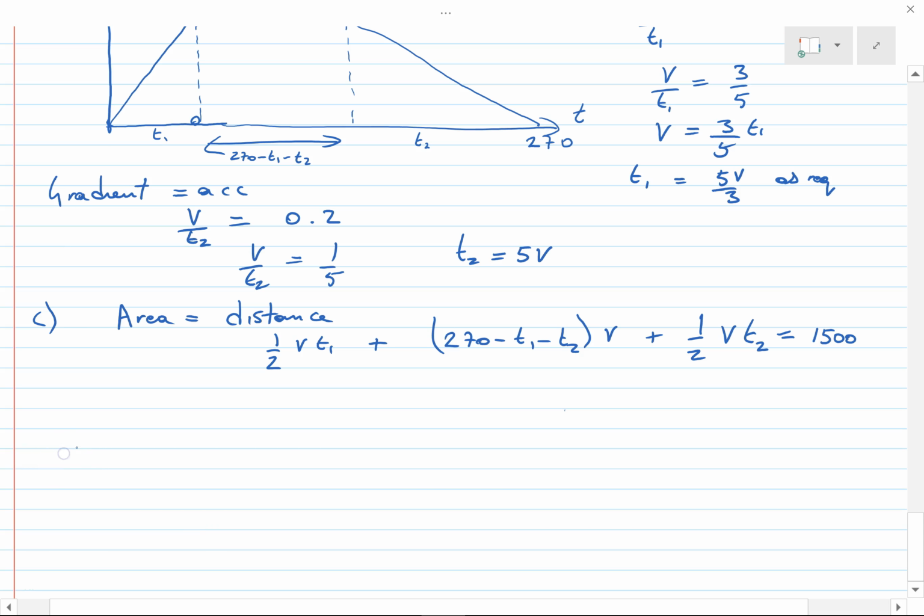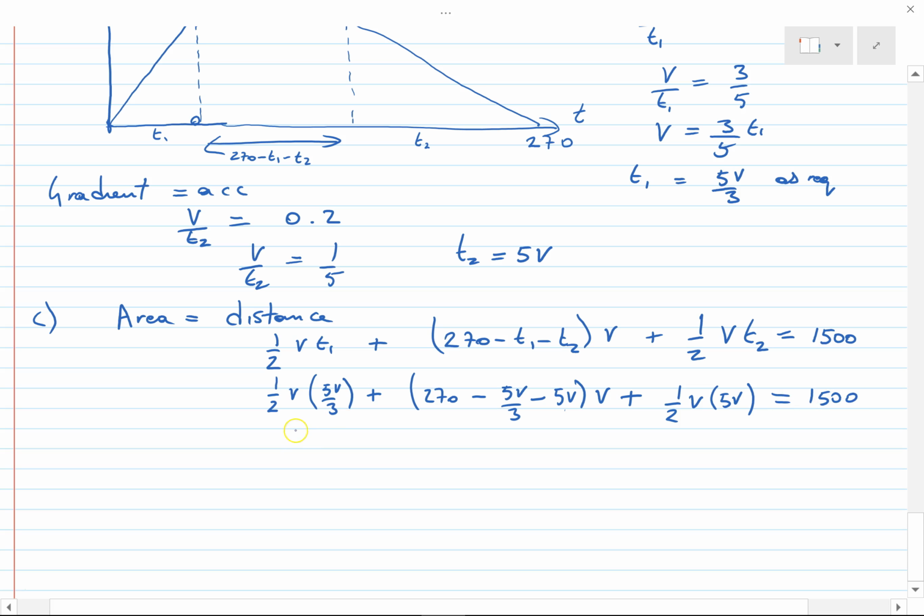So we have a half times v times t1, which is 5v over 3, plus 270 take away t1, which is 5v over 3, take away t2, which is 5v, times v, plus a half times v times t2, which is equal to 5v, is equal to 1,500.